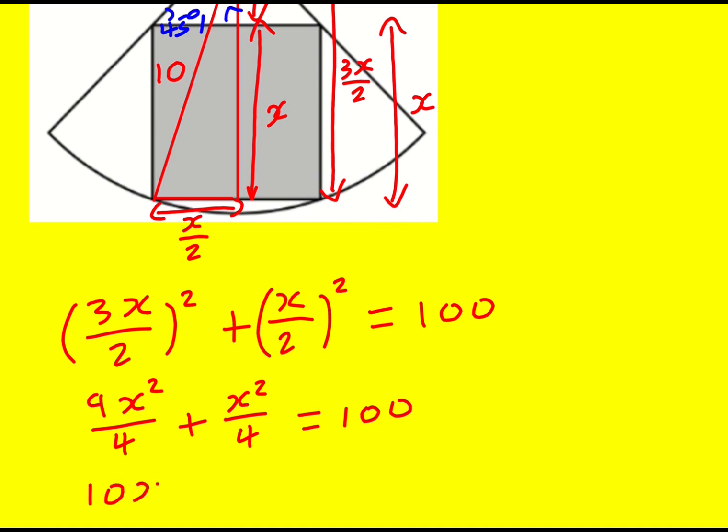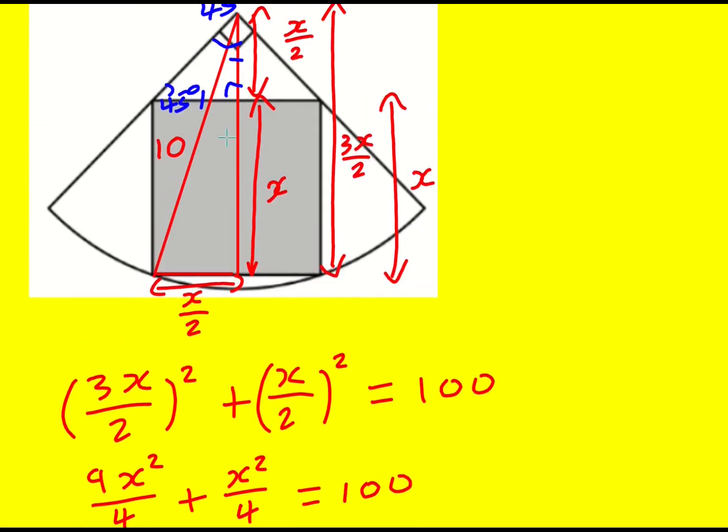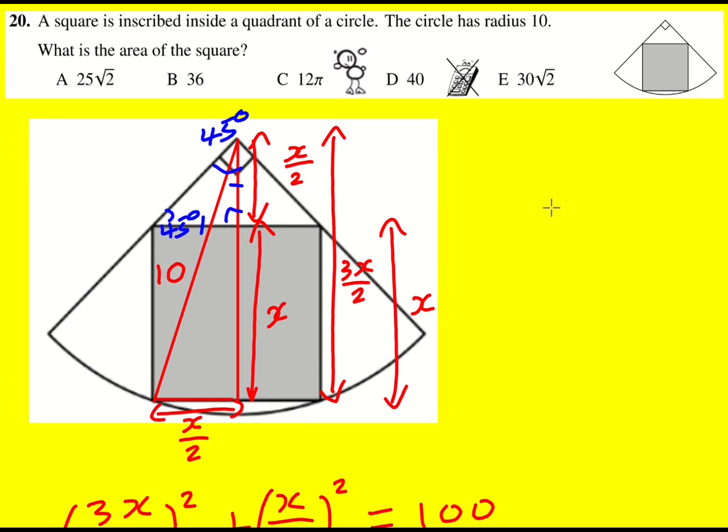That's going to be 10x squared over 4 is equal to 100. I can divide both through by 10 times 4, and x squared is going to be 40. And in fact, that is the area of the square. And we're finished.